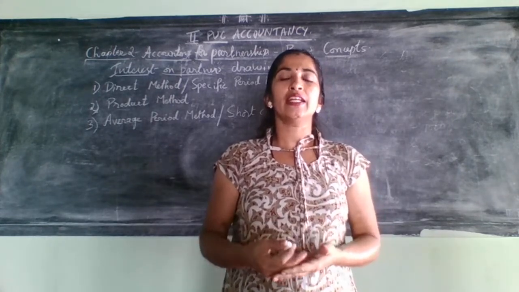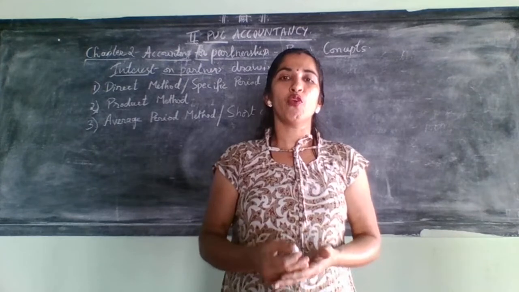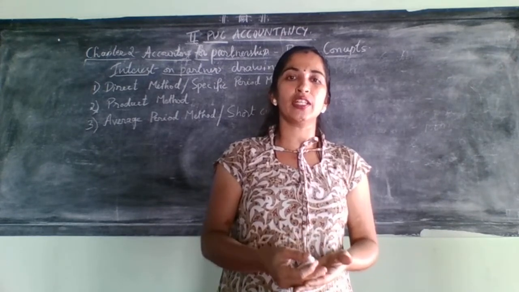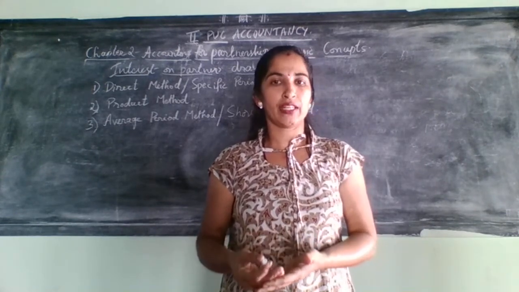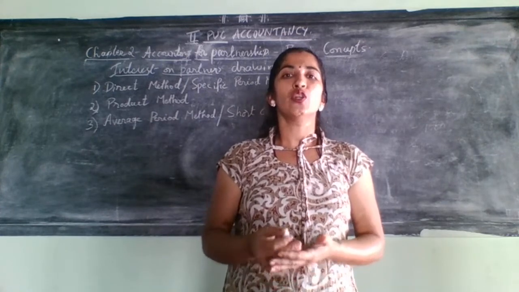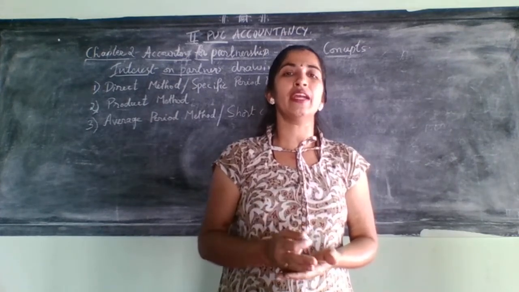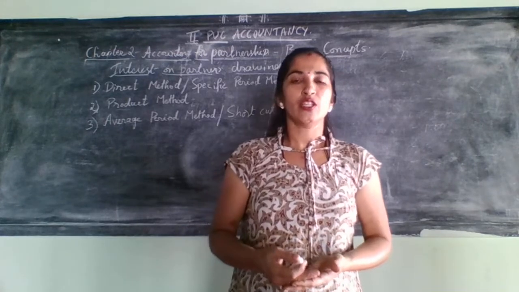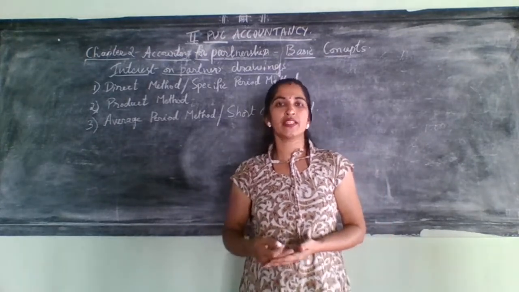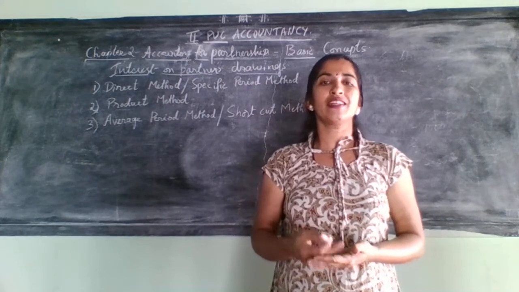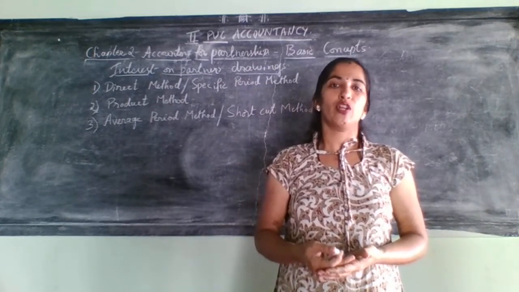But interest will be charged only when it is mentioned in the agreement or partnership deed, or else no partners should pay interest on drawing. So when the deed provides, they will fix in the deed what is the rate of interest for drawing.